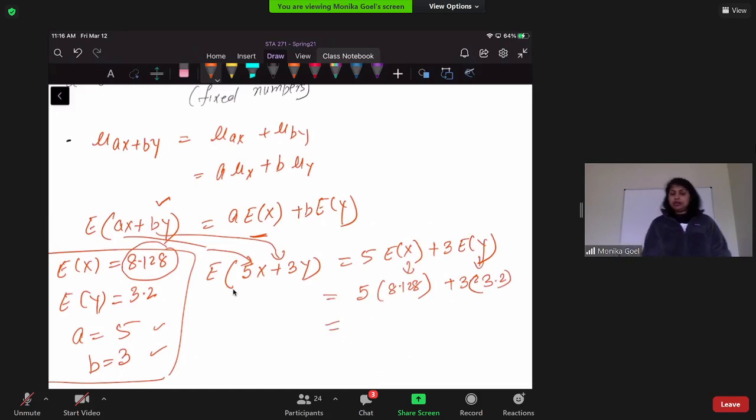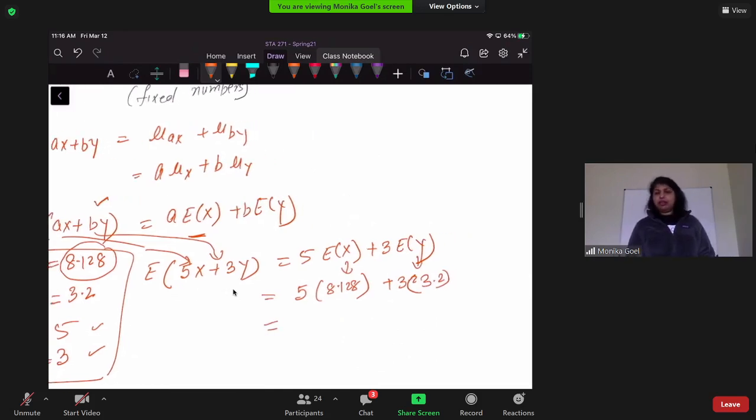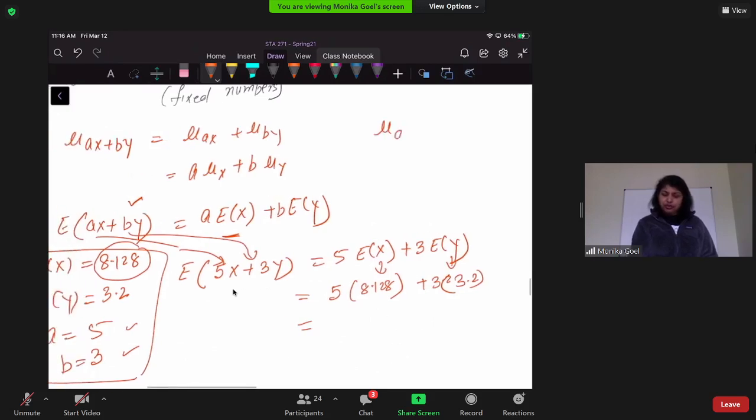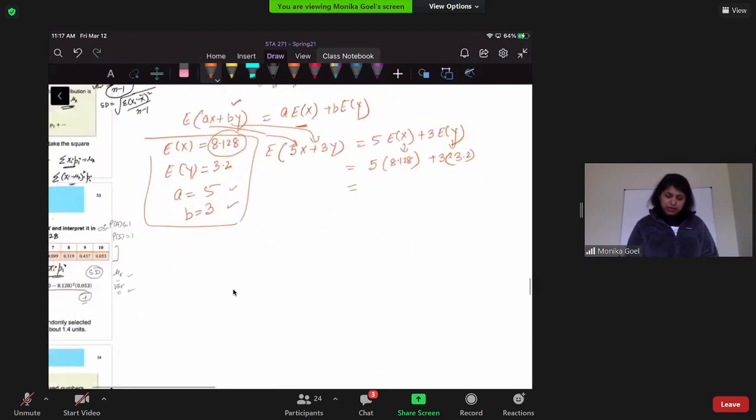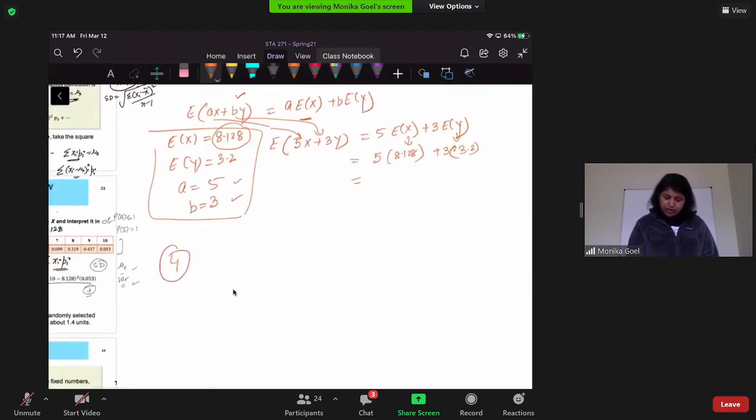So the constant multiplies with the expected value, and same thing you can do for subtraction also. If you are working with ax minus by, you do the same thing. And sometimes you have only one random variable, but two constants. You can still work in the same way. So let's say I have one random variable x and two constants a and b, or fixed numbers.